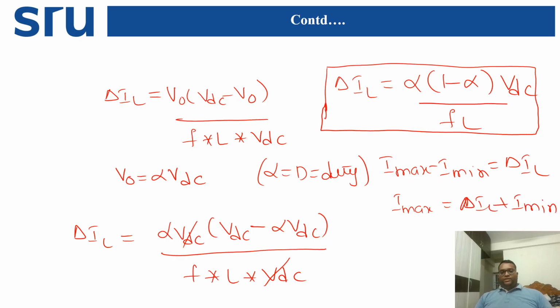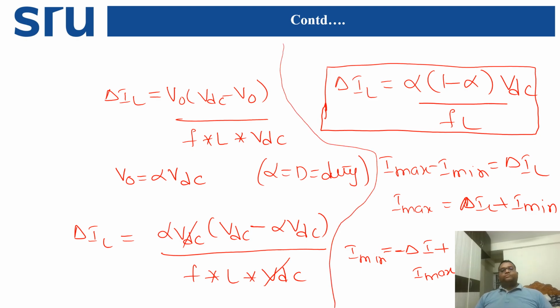This is another equation. If we need I minima, I minima is equal to I maxima minus delta I. So these are the basic derivations we have derived now.